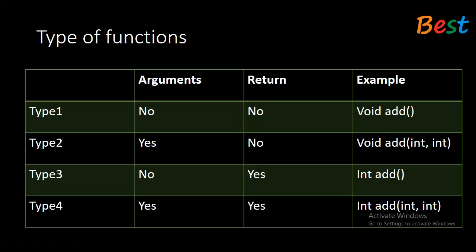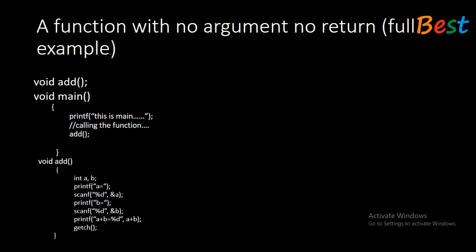Now let's see a function with no arguments and no return, with a full example. Now let's have a look at my example. Firstly, I declare my function as void add, so this function has no return and no arguments.